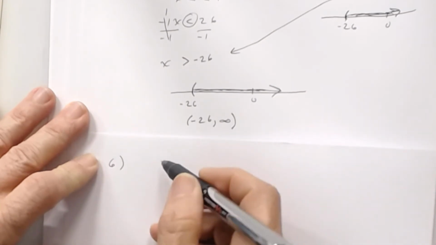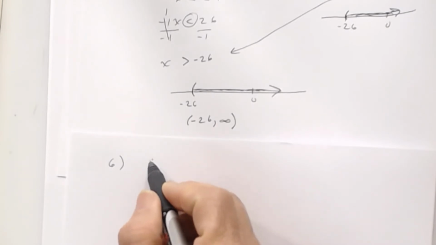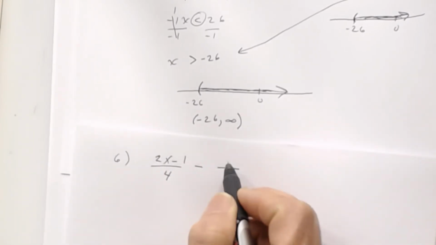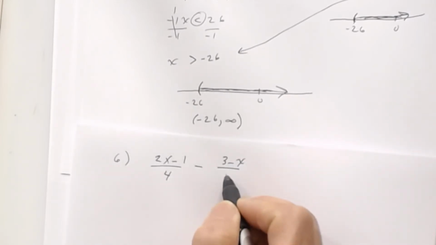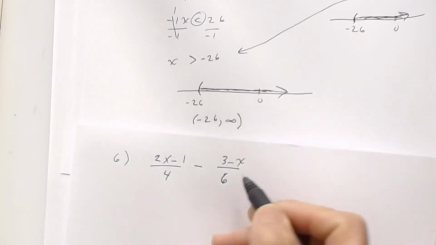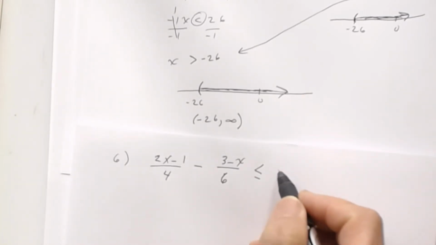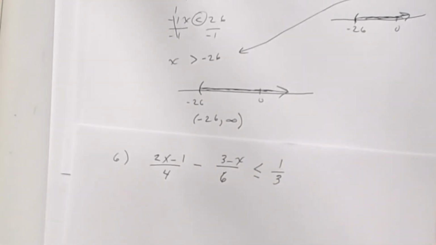Let's say we had 2x minus 1 divided by, let's say, 4, minus, and let's say this is 3 minus x divided by, let's say 6, is less than or equal to 1/3. Get up on the fly, Anna. All right.